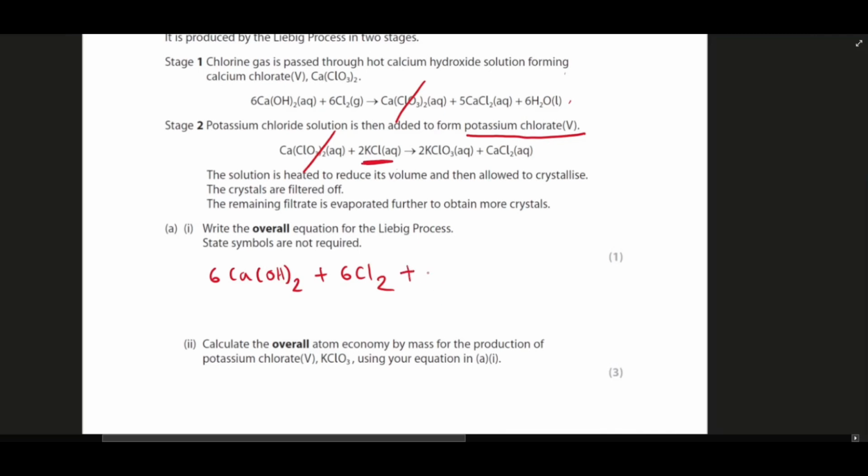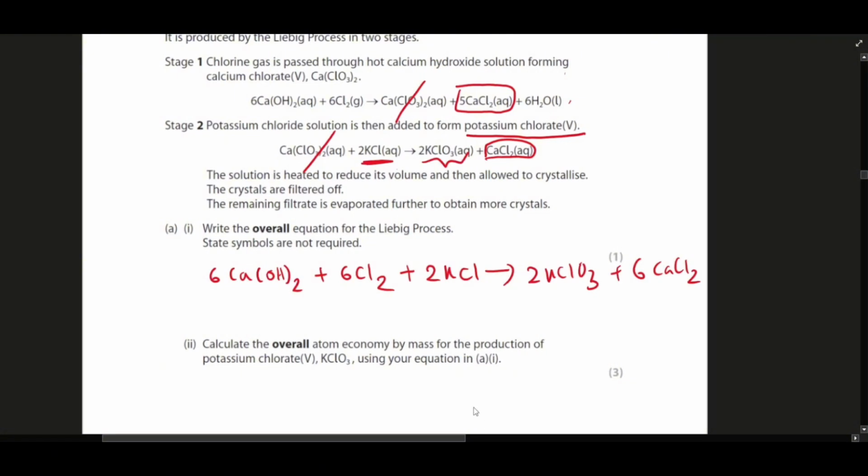So plus 2 KCl. Then when you do the next part, the product side, here we have KClO3 left, and there is one CaCl2 with the addition of 5 CaCl2, that will be 6. So that will be 2 KClO3 plus 6 CaCl2.